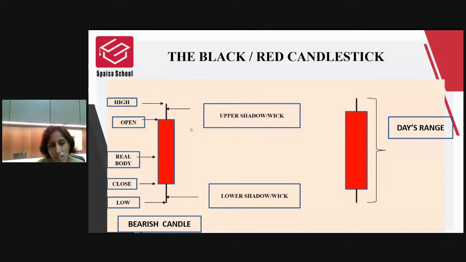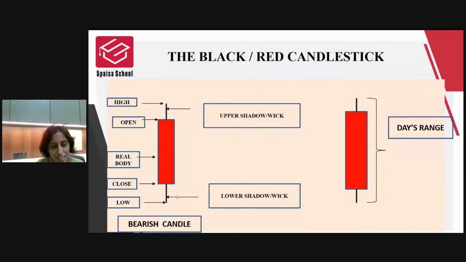In that case, you will find that the real body is considerably larger. Of course, this is the highest price of the day, and this is the lowest price of the day. This reflects the upper shadow or the upper wick, and the bottom part, the line which you can see, is referred to as the lower shadow or the lower wick.